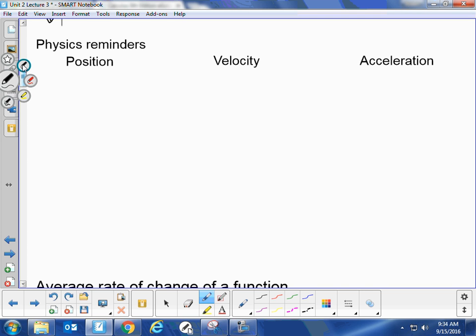But straight line motion, position, velocity, acceleration is important. For position, we typically use the function x of t, where t is time, and x of t is in meters. Could be feet, could be some other unit. It's very important to understand what position means. Position is just where you are located, not how far you've traveled.